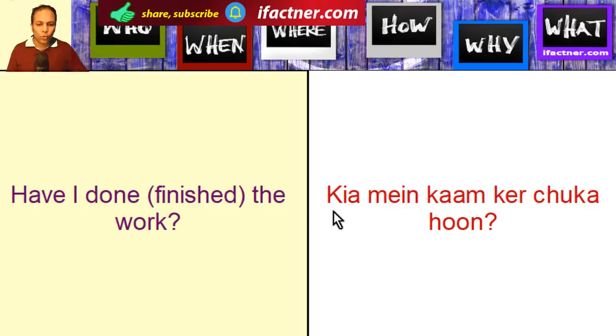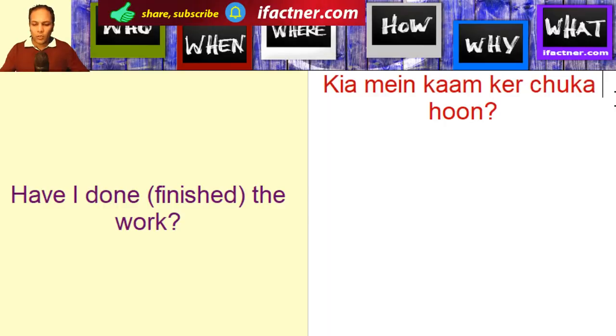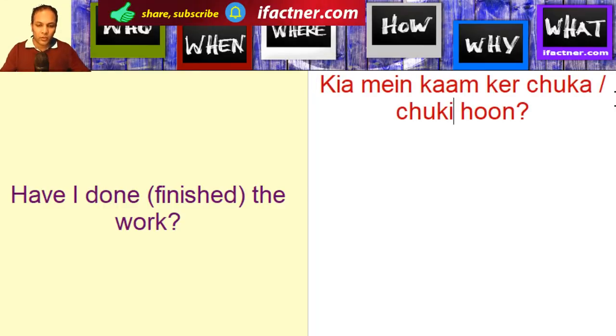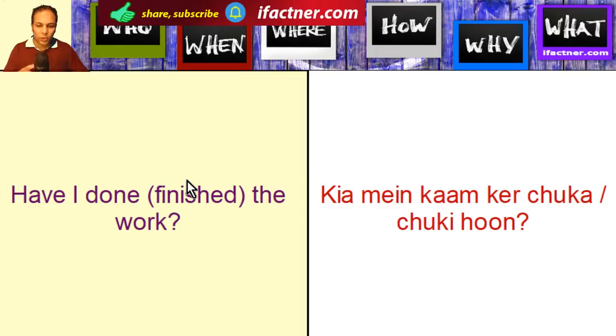In Hindi and Urdu, क्या मैं काम कर चुका हूँ? क्या with हूँ means have. मैं I, काम work, करना is to do. कर चुका हूँ have finished, have done. क्या मैं काम कर चुका हूँ is a male version, and if I'm a female, then I would ask क्या मैं काम कर चुकी हूँ?